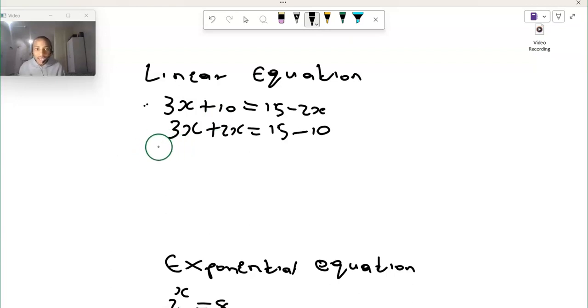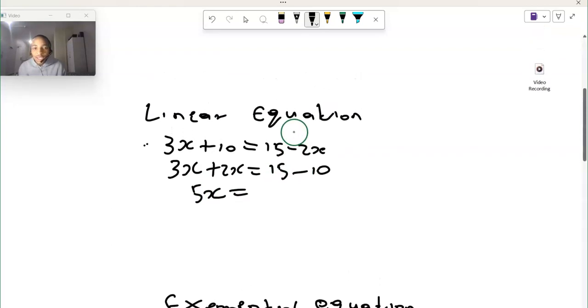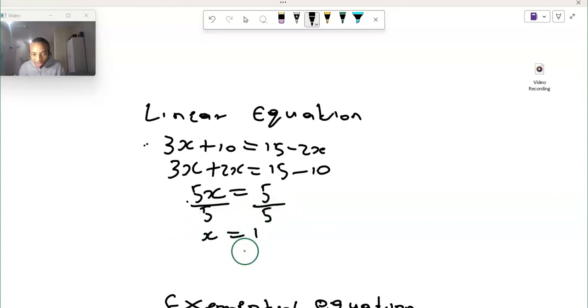On our left side, we are going to get 5x is equal to, then 15 minus 10 is going to give us 5, and then we just divide both sides by 5, and then we'll just get x equal to 1. This is how you need to solve for x based on the linear equation, right?